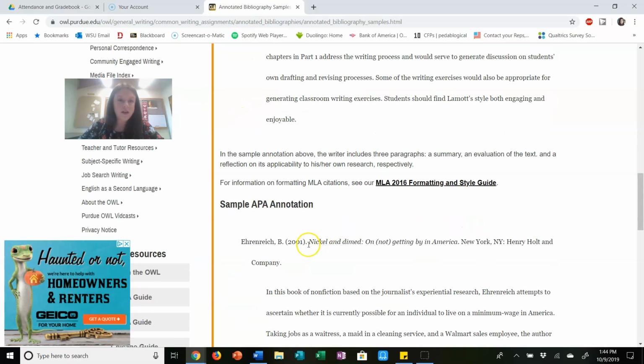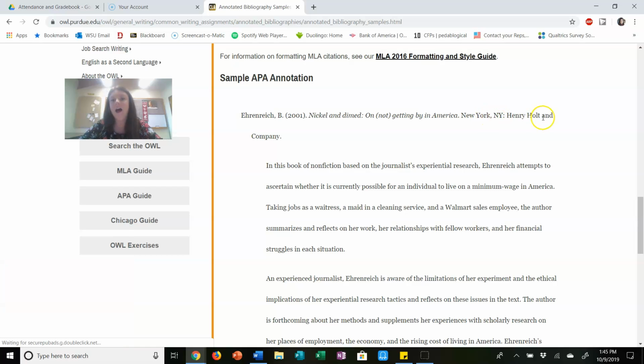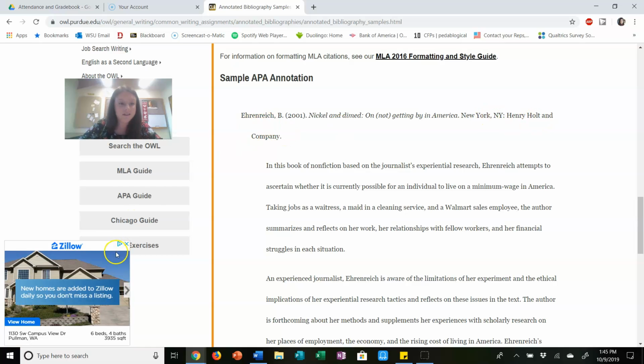So if we go down here to APA, they have a really good example of what a hanging indent looks like. So we have the last name and the first initial of the author, the year of publication, the name of publication, the city, the state, and the, my apologies on that, and the publication company.